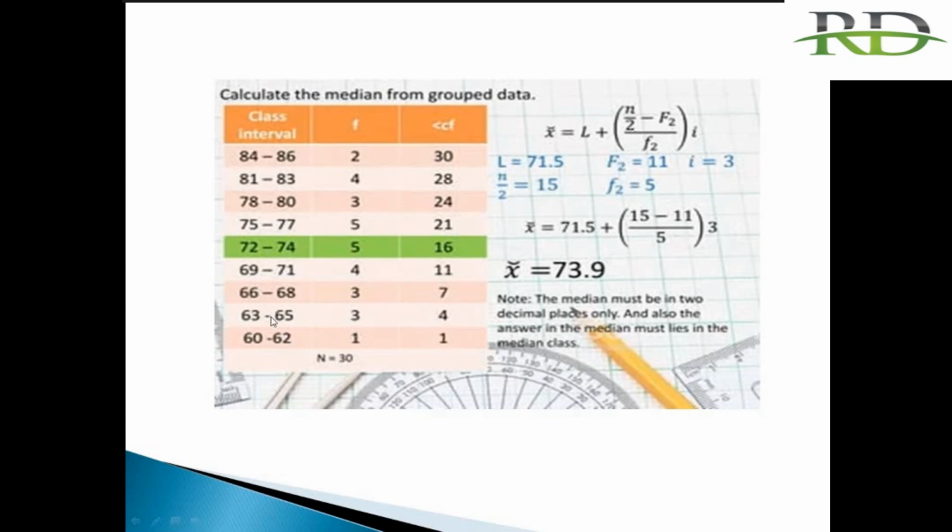There are 3 persons who lie between 63 to 65, 3 in 66 to 68. This way we can make this table. Now we make a cumulative frequency table. We start adding 1, then 1 plus 3 is 4, 4 plus 3 is 7, 7 plus 4.